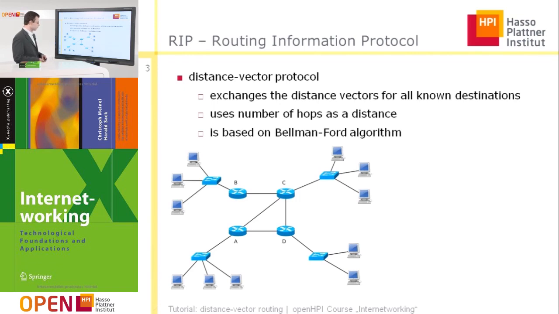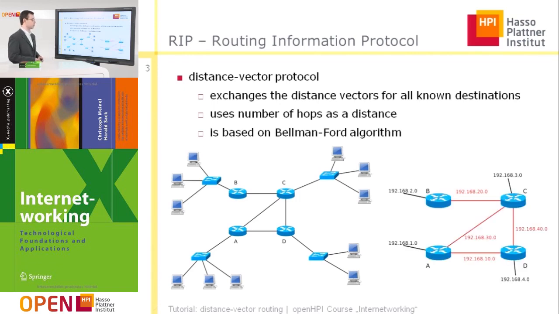So for our example, we will convert this image to the following representation, where we have 4 routers A, B, C, and D, and our networks indicated with network prefixes.